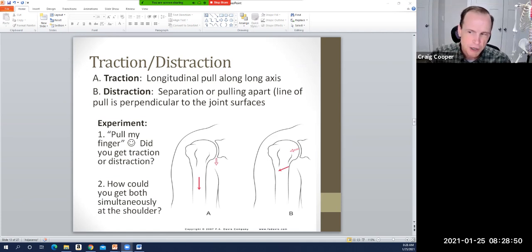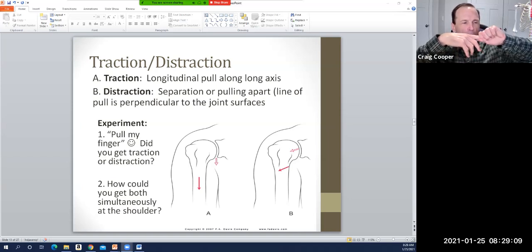So traction and distraction can be different things, but they can also mean the same thing. It depends on how the joints line up with one another. Hopefully you've never been fooled by the pull-my-finger trick in recent years, but maybe in elementary school you might have.